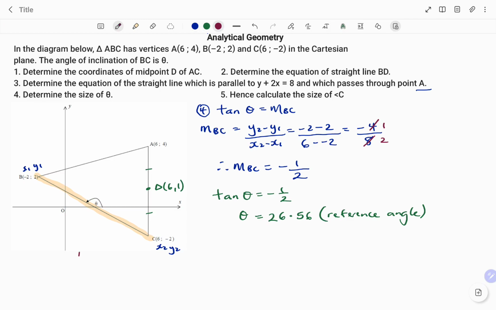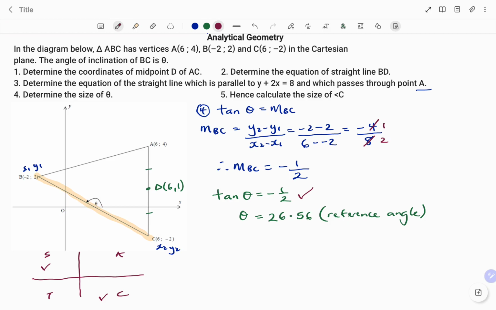If I go back to my quadrant, I'm going to draw it here. I have my CAST diagram, such that the point where I have tan theta to have a negative value will be the point where it's sine only and where it is cos only.